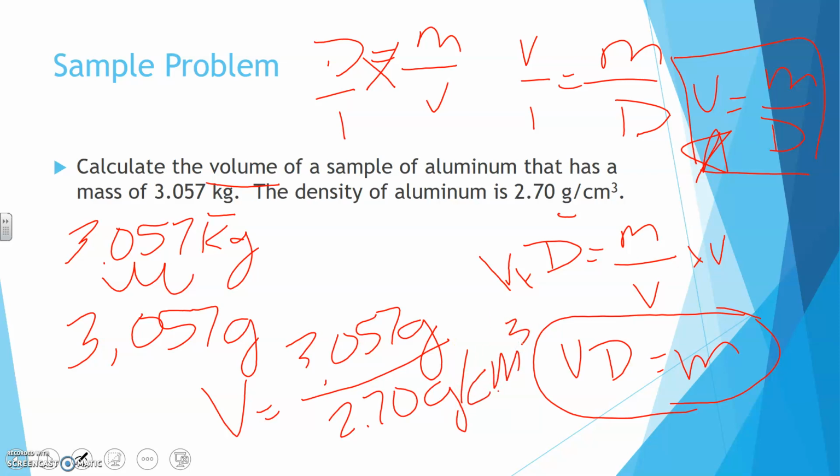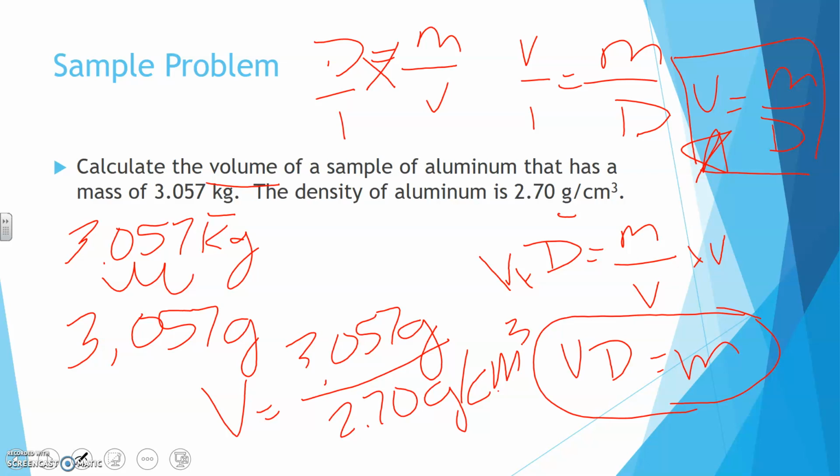Now when you do this, this will actually cancel your grams out and leave you with just centimeters cubed. And because our problem does not ask you for the volume in a specific unit, you don't have to worry about changing that at all. So all you have to do here is just go ahead and calculate it. So it's 3,057 divided by 2.7.